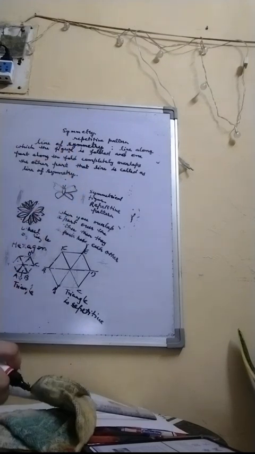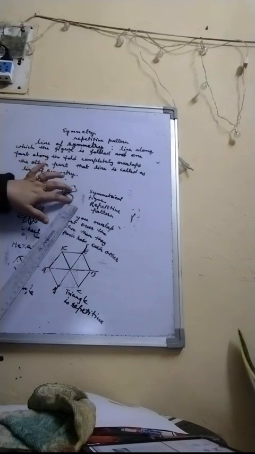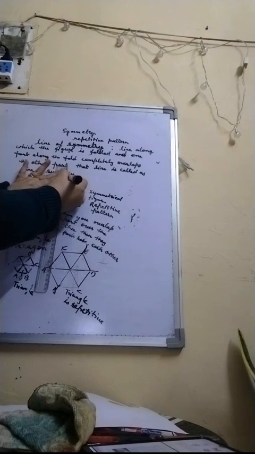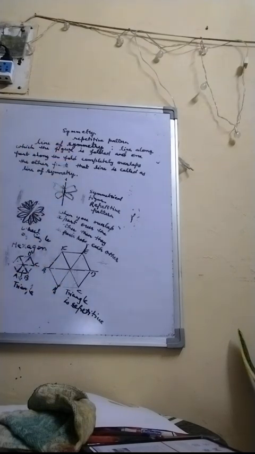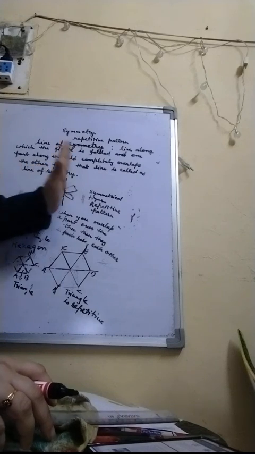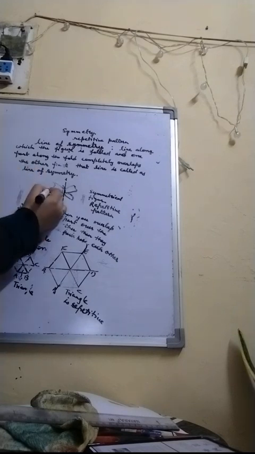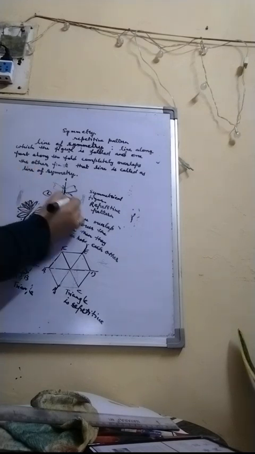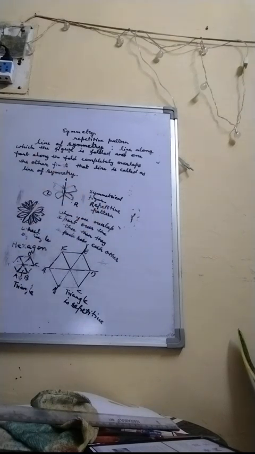What is this repetitive pattern you are looking at? There are two wings on one side and two wings on the other. So if I draw a line here in the middle along the body of the butterfly, then when you fold one part over the other, the left part completely overlaps the right part. So you get the line of symmetry as this, which is drawn at the center.